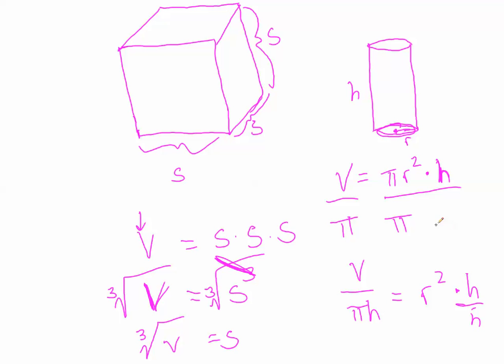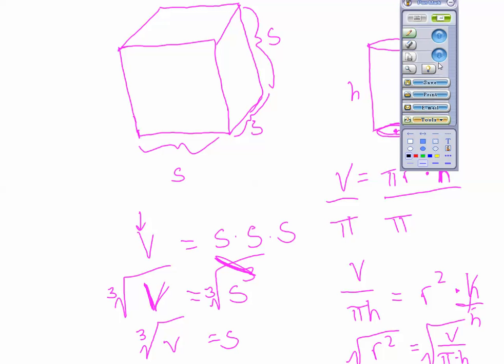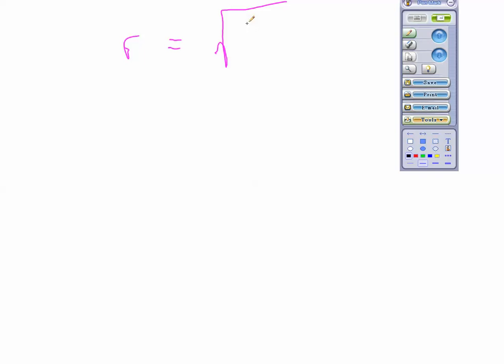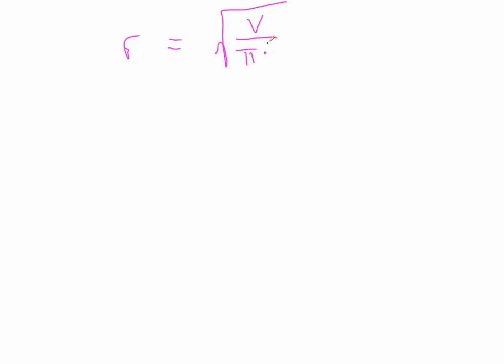I could have just divided by pi h and canceled both of those out. And so now I have r squared equals v over pi times h. And now to get rid of the square, I would square root. So the required radius for volume v and height h would be this following formula. So now I've got something that involves a square root, and it involves the volume.